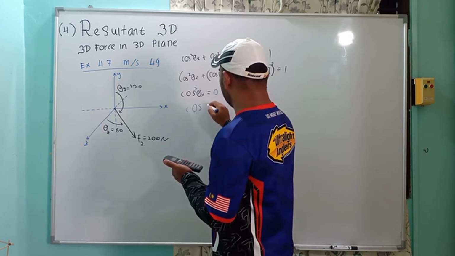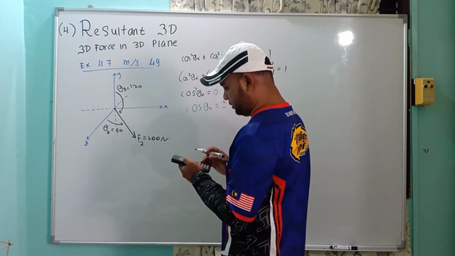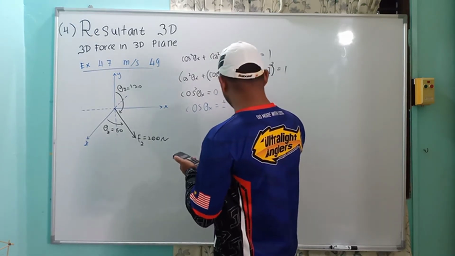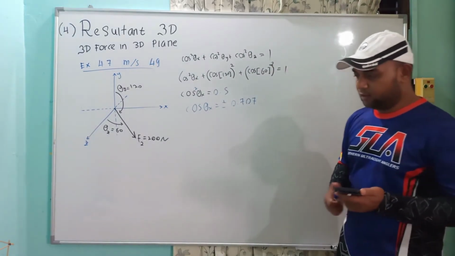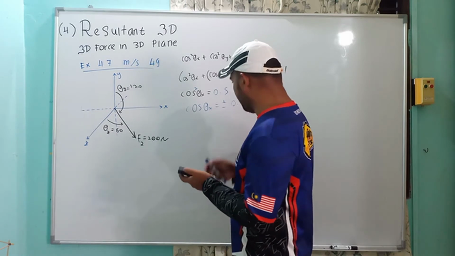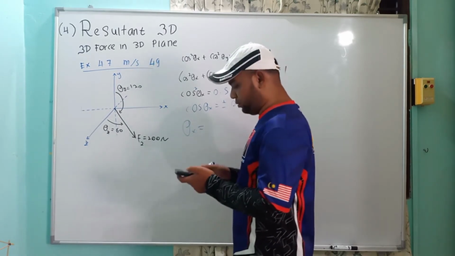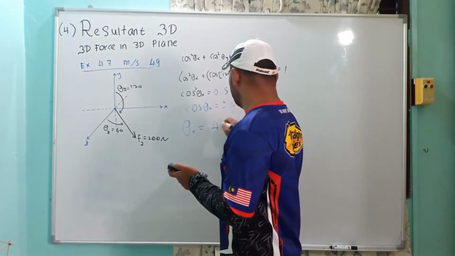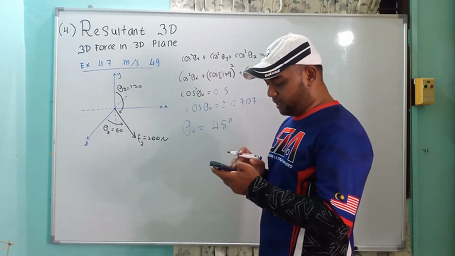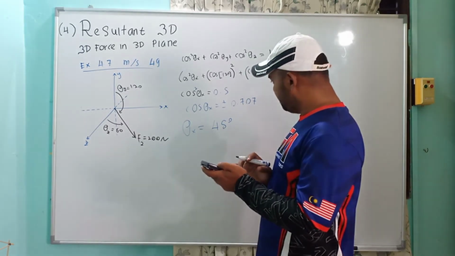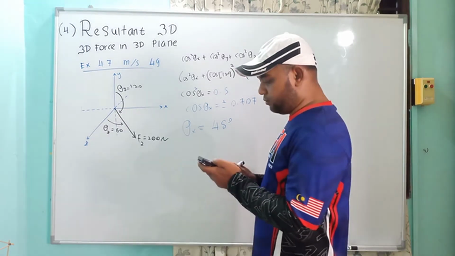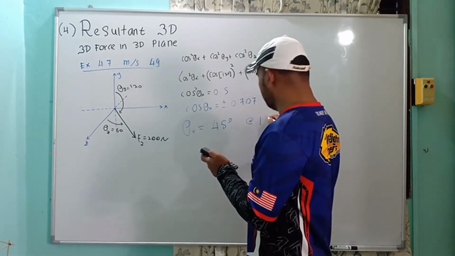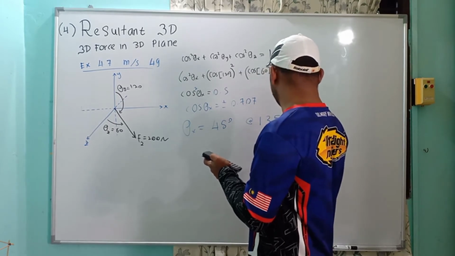So cos theta x equals plus or minus the square root of the answer, 0.707. So theta x, taking cos minus 1 of 0.707, equals 45 degrees, and cos minus 1 of negative 0.707 gives 135 degrees.